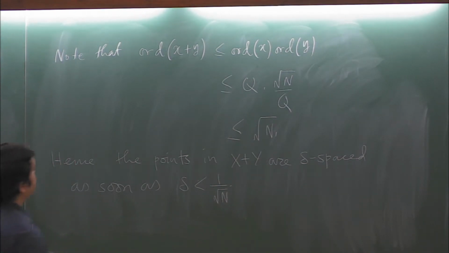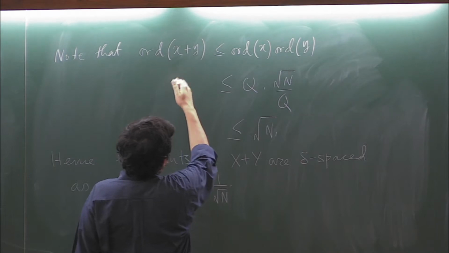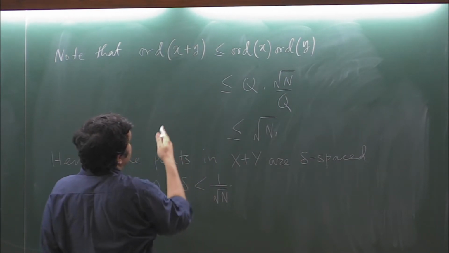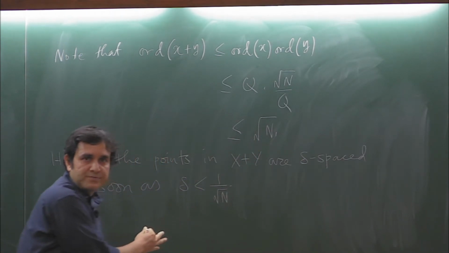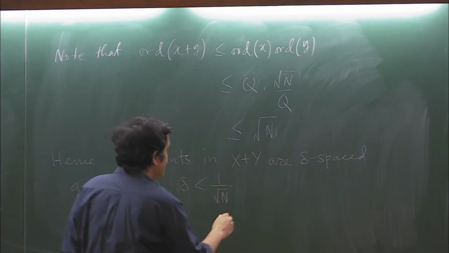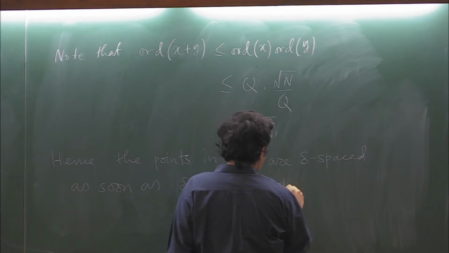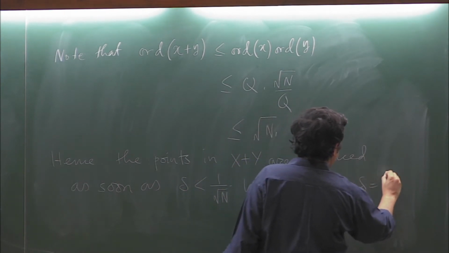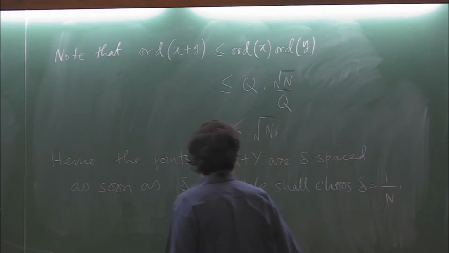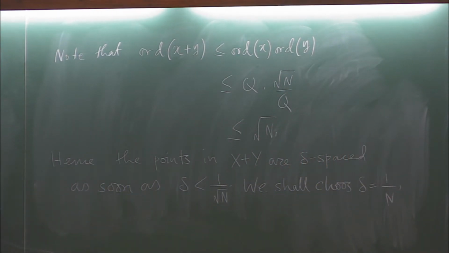Because this means that these consist of rational numbers with denominators greater than root n. So if I take anything less than 1 by root n, I am fine. So we shall choose delta to be 1 by n. Okay? And with this delta, we apply the additive large sieve inequality to the set x plus y.